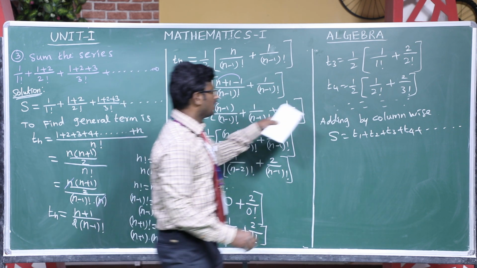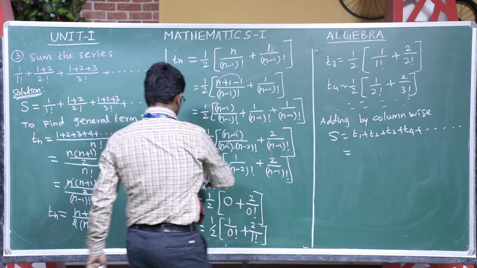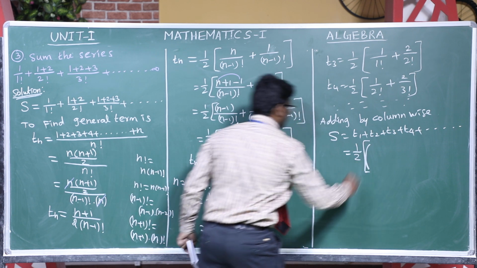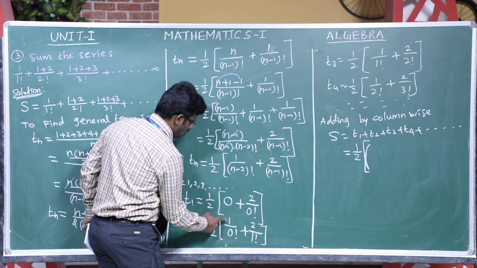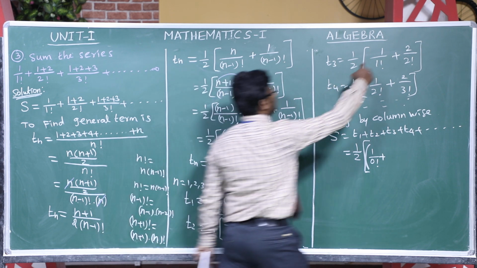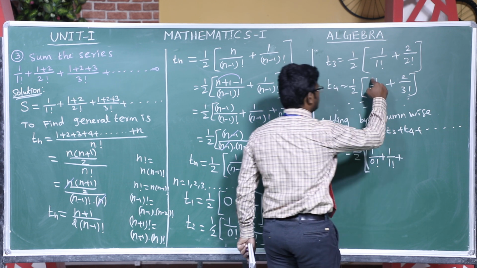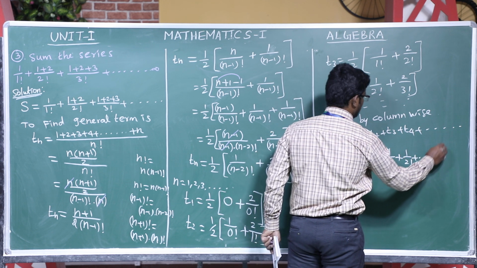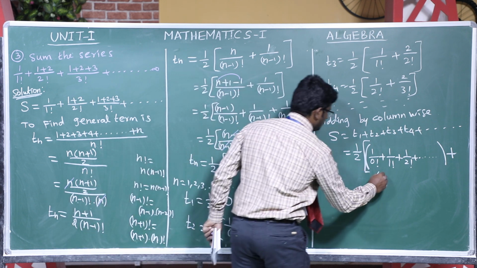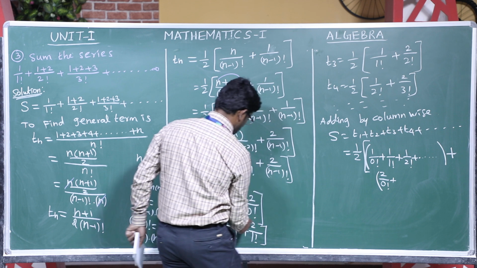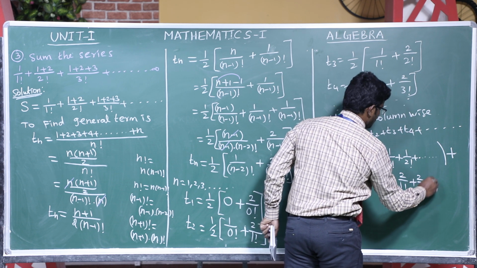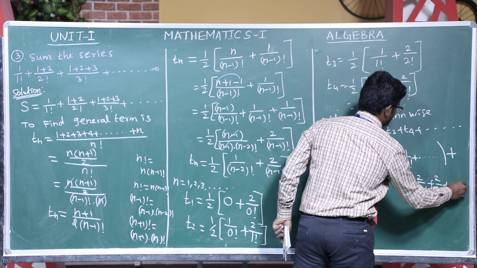Adding column wise, 1 by 2 is common for all the values, so 1 by 2 into the first column, open bracket, first column 0 is not needed, 1 by 0! plus the first column, then next 1 by 1! plus 1 by 2! plus etc, then plus second column, what is the second column, 2 by 0! plus 2 by 1! plus 2 by 2! plus 2 by 3! plus etc, it's going on.